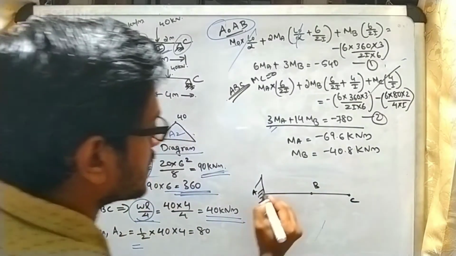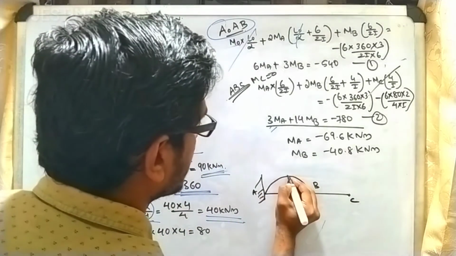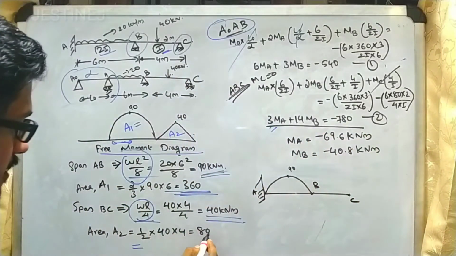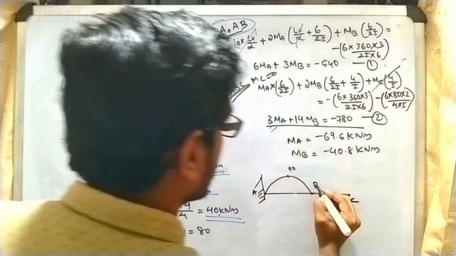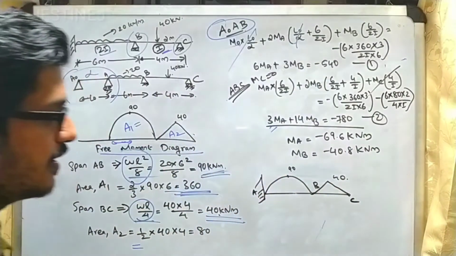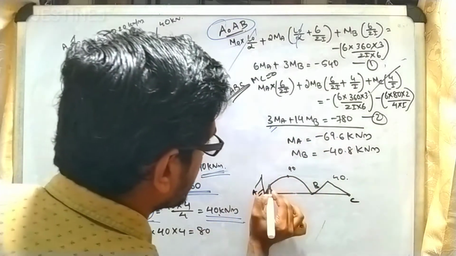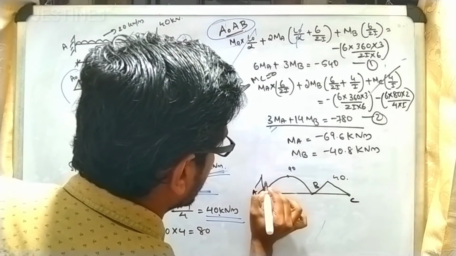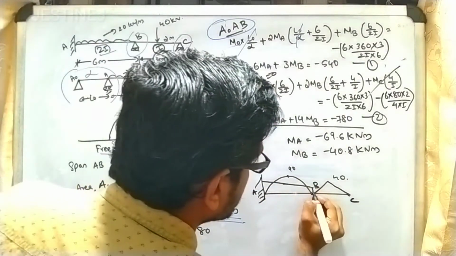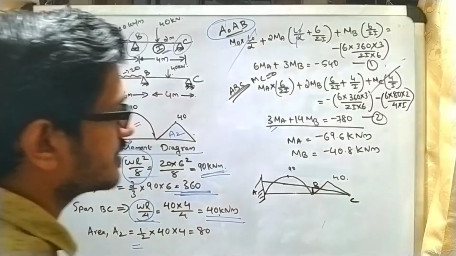First of all, we draw the free moment diagram with magnitude 90, and here the magnitude is 40 kilonewton meter. Then the MA value is negative, minus 69.6, so take it from here, and here the value is minus 40.8, and you can complete it in this way.